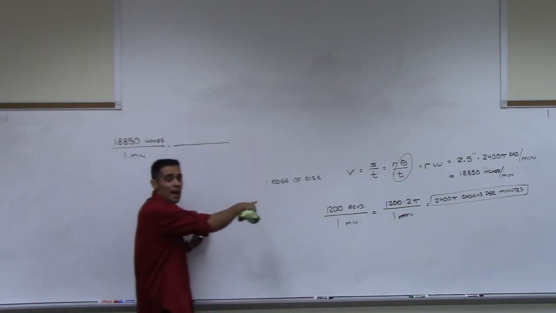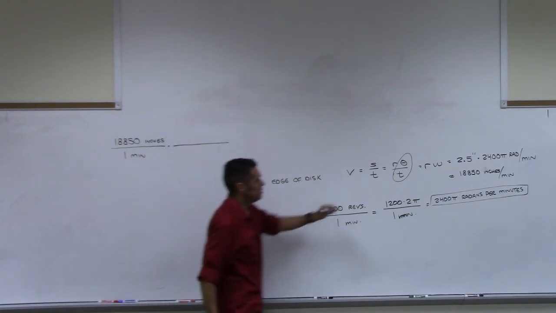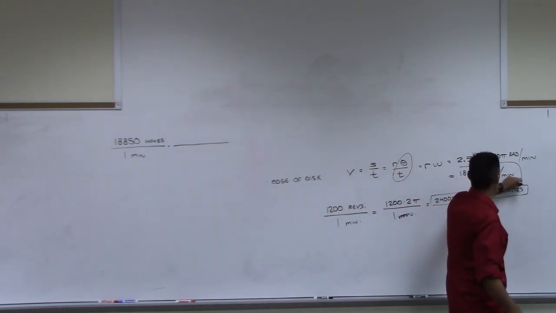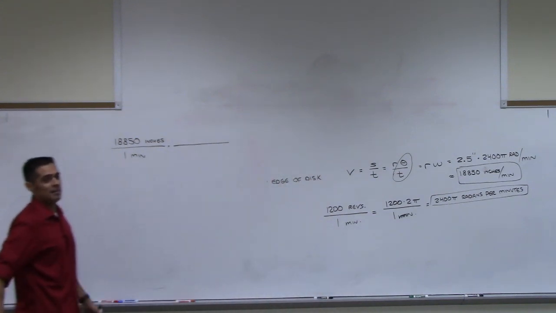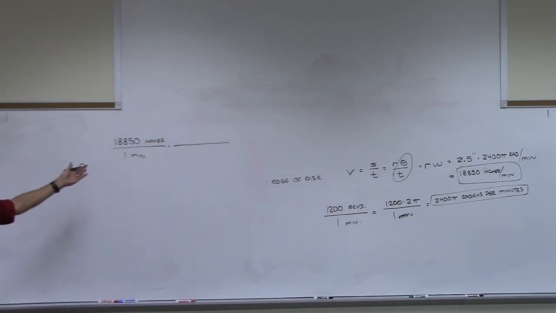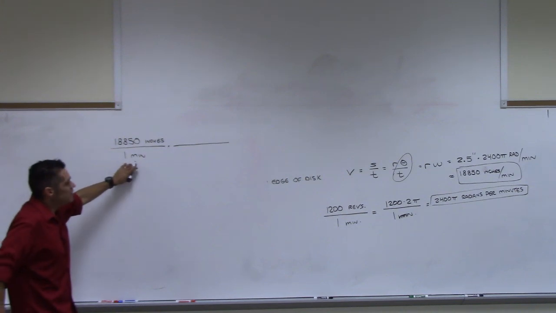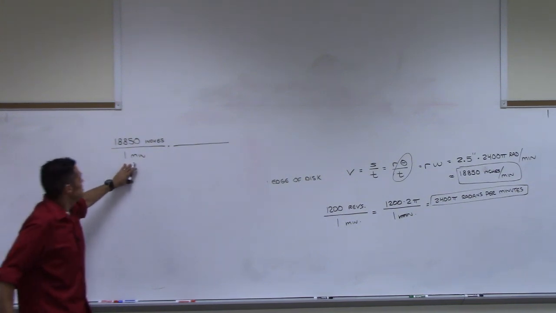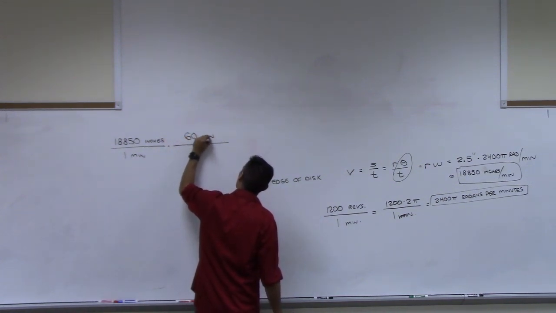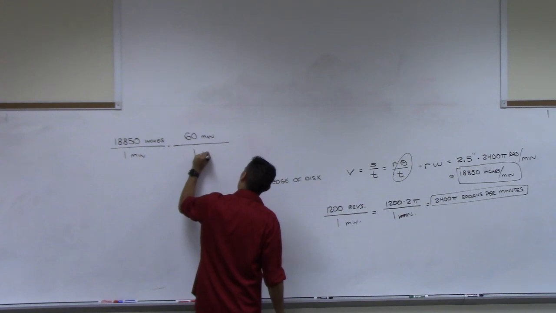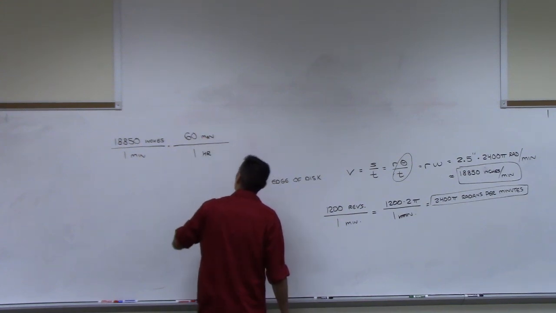Now, I didn't ask for that here. This would have been the end of the road had I not specified I wanted it in miles per hour. But if I said in miles per hour, you would then have to do this. So minutes, how many minutes are there in an hour? 60. So I just go 60 minutes in 1 hour here, right?